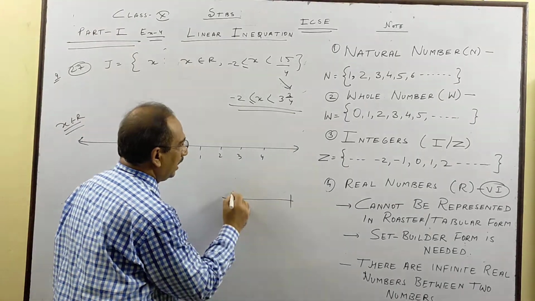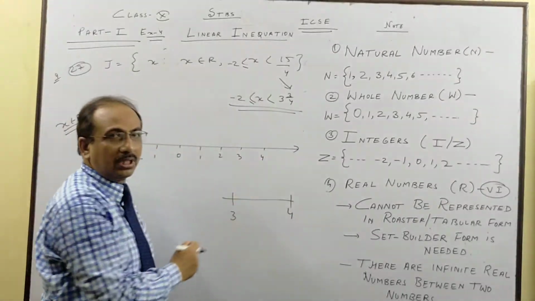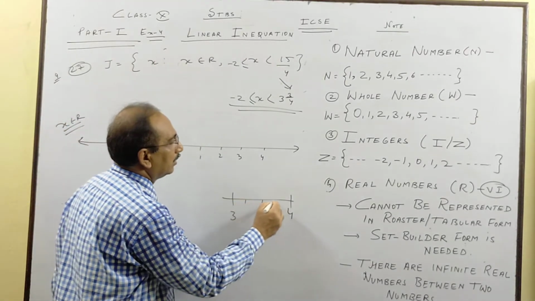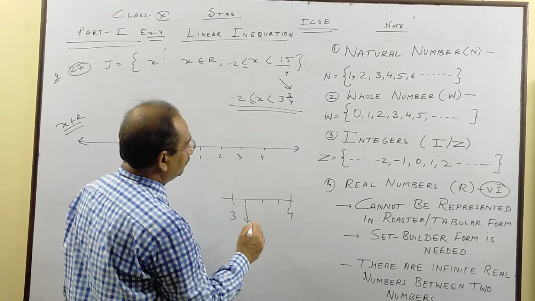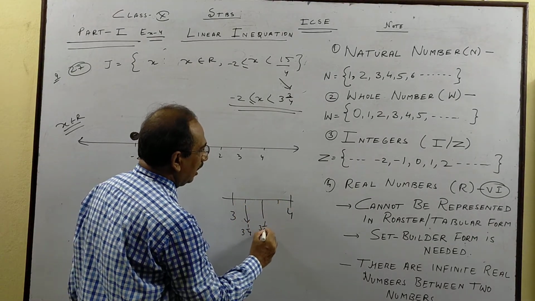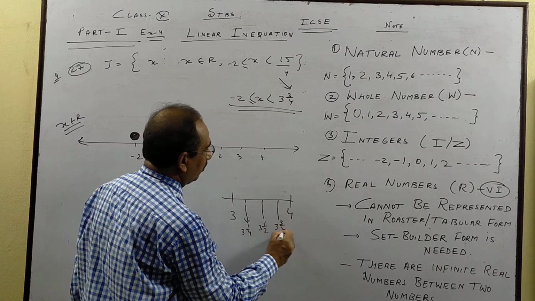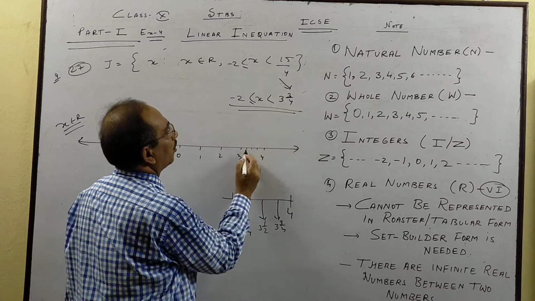So if it is 3 and 4, you have to have 3 by 4, 3 parts out of 4, plot 3 lines here. So what is this? First one is 1 by 4, this is 2 by 4, this is 3 by 4. Okay, so here 1, 2, 3. There are 4, you draw 3.